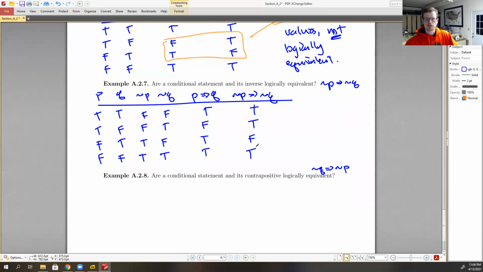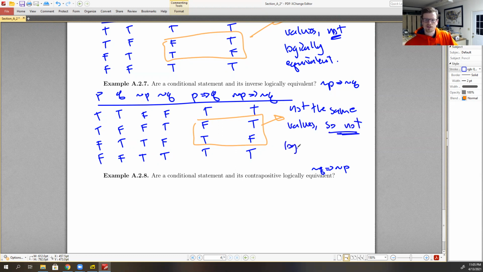True, true would be true. So again, we end up with these two middle rows not matching. Since they don't match, they're not the same values, so not logically equivalent.